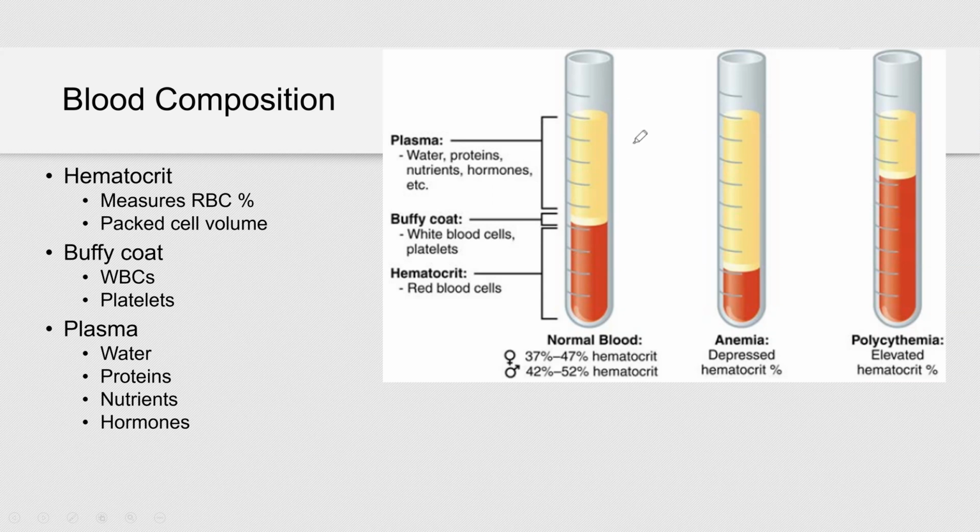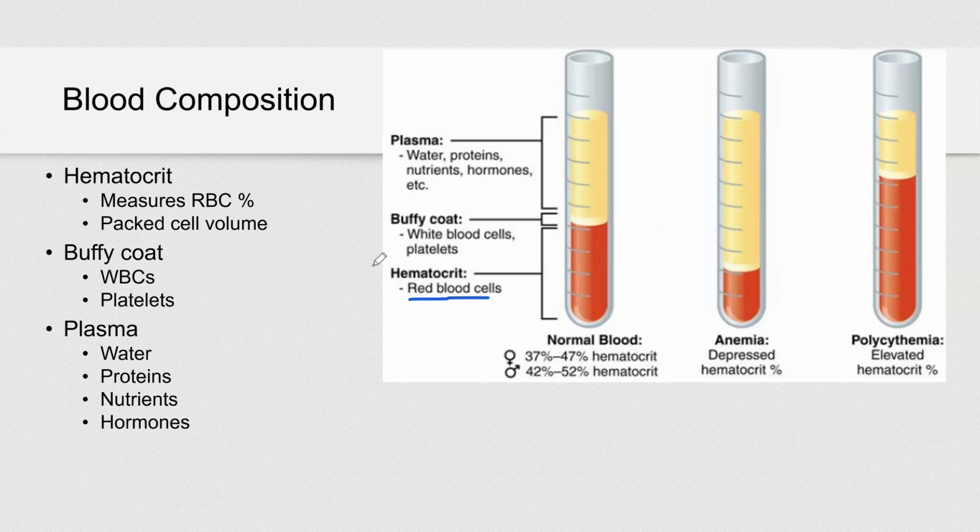You spin it around, and blood will be separated into three major components. On top, you will have plasma. In the middle, you will have what we call the buffy coat. The buffy coat includes white blood cells and platelets. And on the bottom of the test tube, you will have red blood cells.